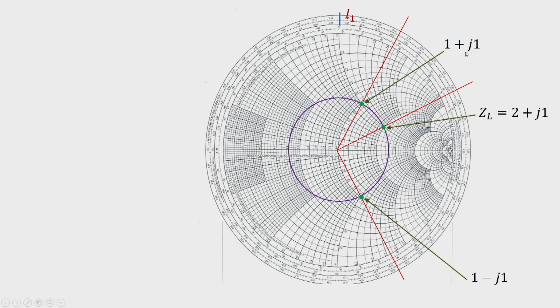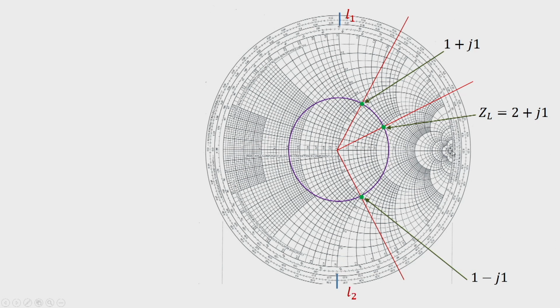So, the stub must provide a reactance of minus 1. So, we can find out the length. We know that this is the open circuit point, and starting from here, if we move across the periphery of the Smith chart, at this point we find plus 1 j corresponding to this solution, and this gives us the length L 1.